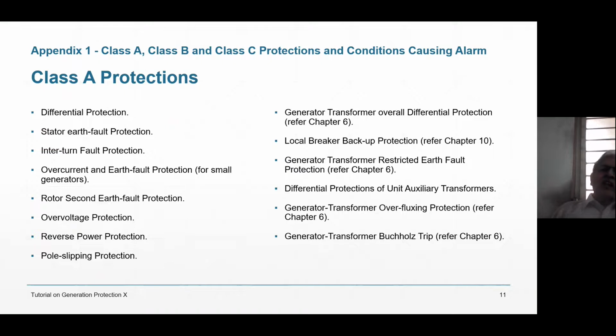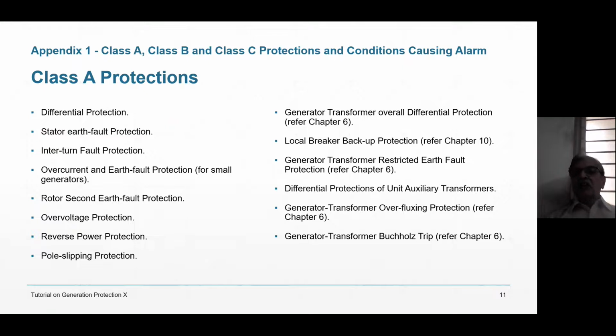Once you trip the generator breaker, the generator is isolated from the bus, so you have to stop the generator. So many protections you will see are not in generator scope, they are in transformer scope or in bus scope or in transmission line scope.